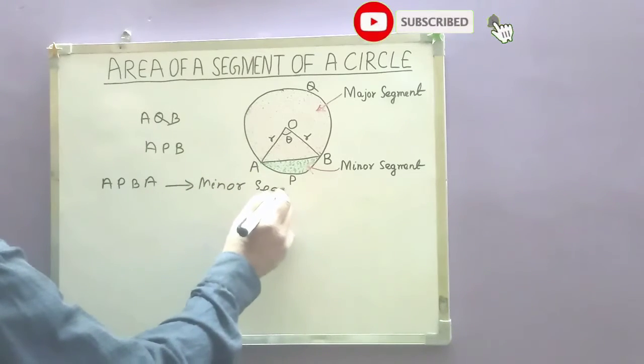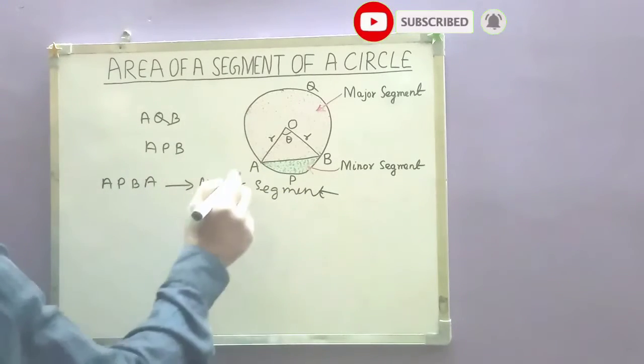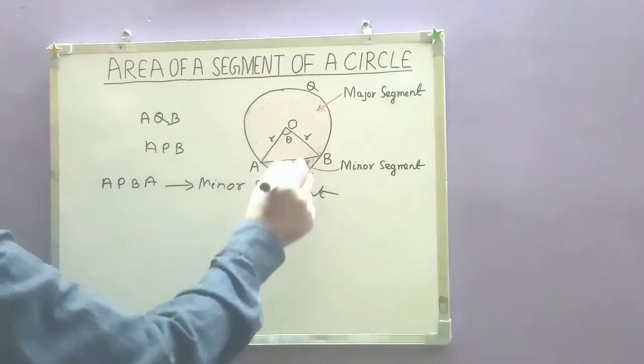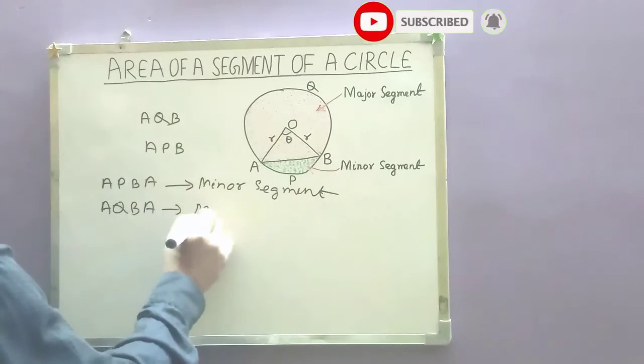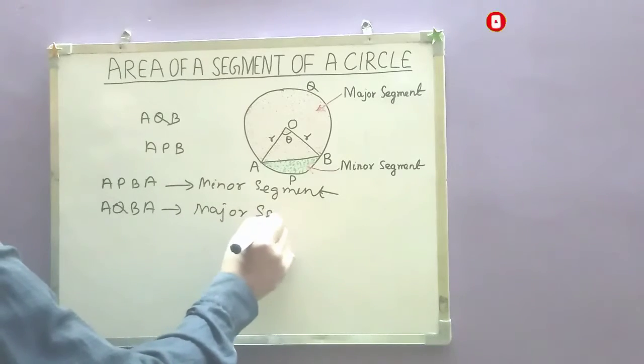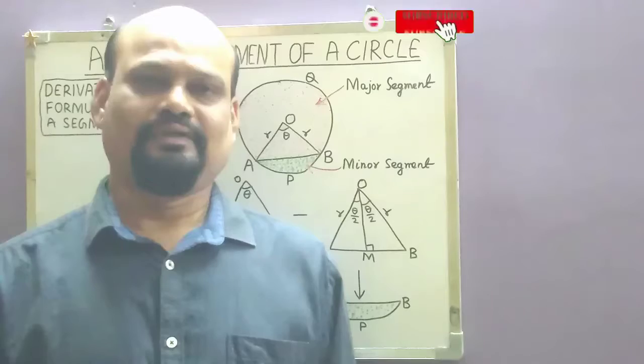Also, APBA is the minor segment and AQBA is the major segment of the circle.